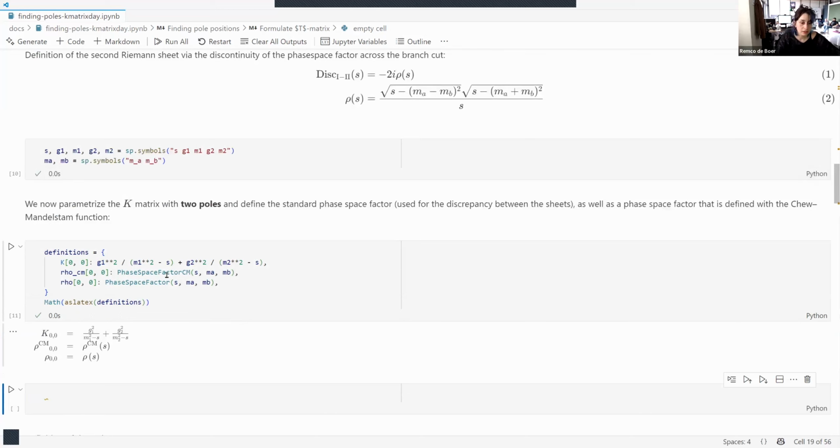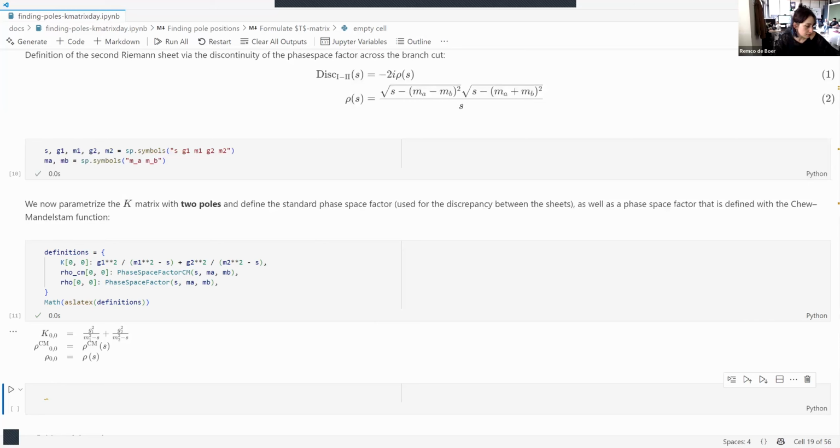Okay, this you can see here. So this is my definition for the K function for one channel and 2 poles. So the 2 terms here are equivalent to one of the poles. Essentially, here my Chew-Mandelstam phase space vector is defined, and here my normal square root definition phase space vector is defined. Okay, cool. Can you see the expression now?